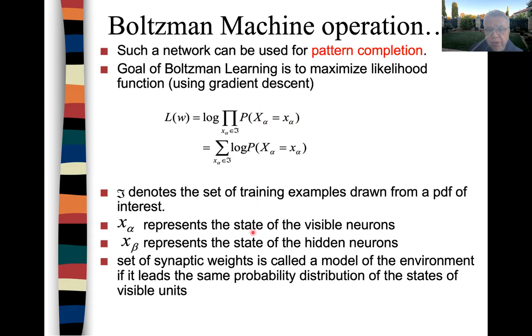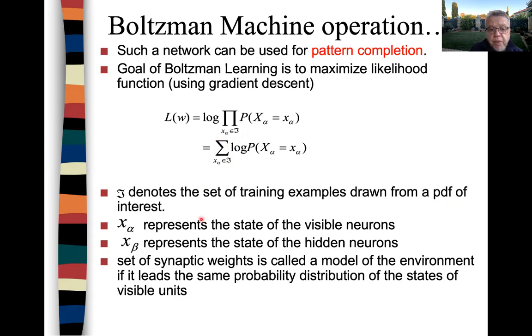X alpha represents the state of the visible neuron, as opposed to X beta, which represents the state of the hidden neuron. But we don't have that in the likelihood function. Here, the gamma set denotes the set of training examples drawn from a PDF of interest.